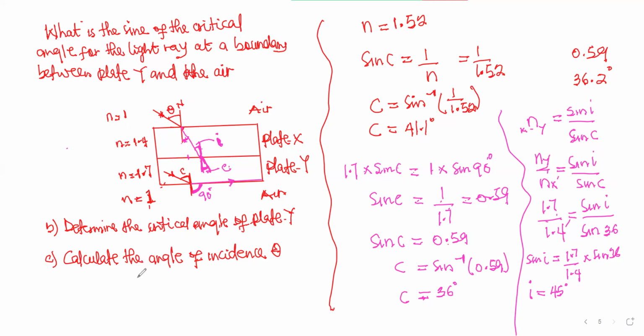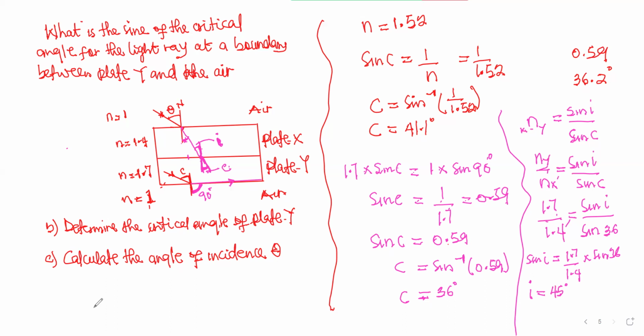So please, I have a question. Isn't the incident ray also the same as the emergent ray? I'm asking if they asked us to find the angle of incidence, and the angle of incidence would be the same as the emergent ray.